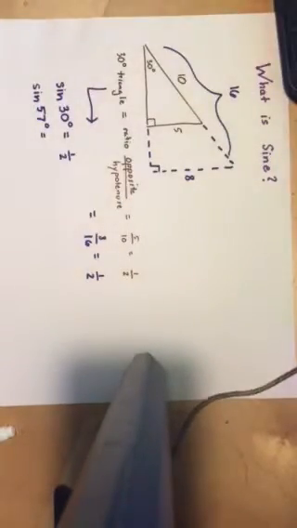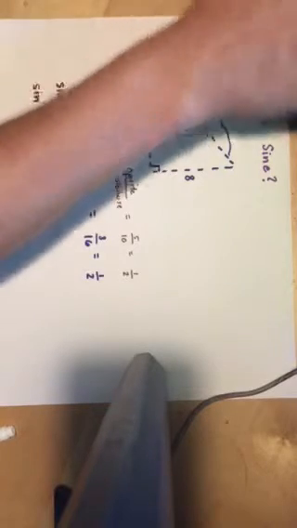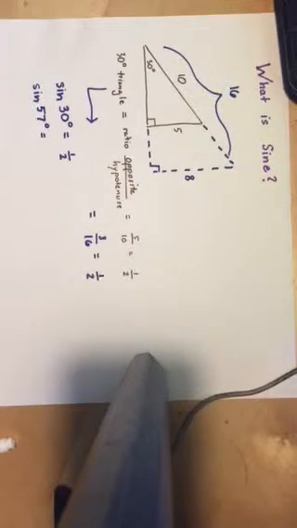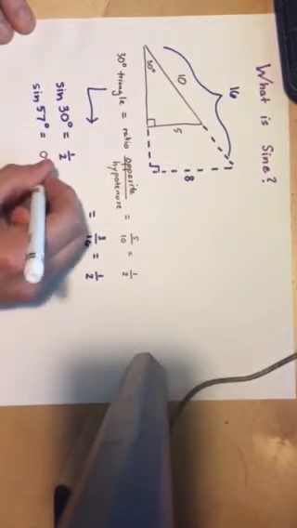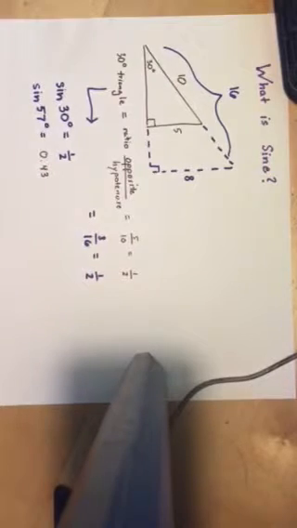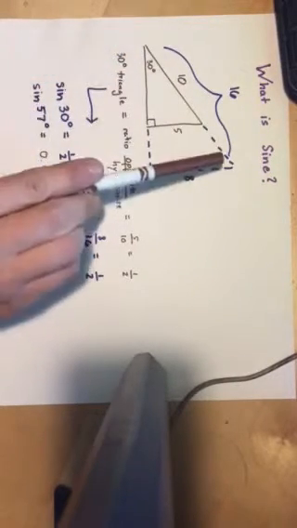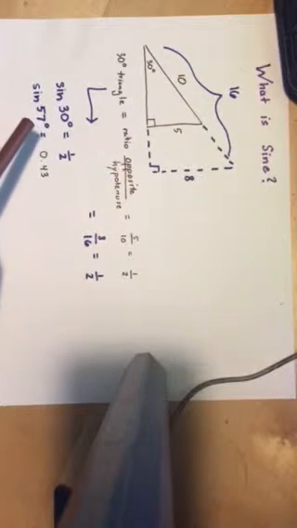I did it on my computer because I'm recording. Sine of 57 is 0.43, which means the ratio of the opposite side to the hypotenuse in a 57-degree right triangle is 0.43.